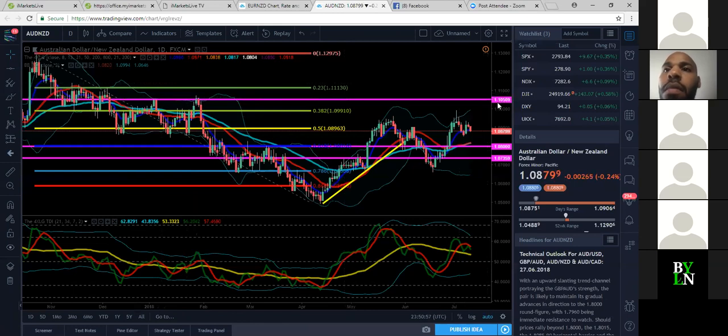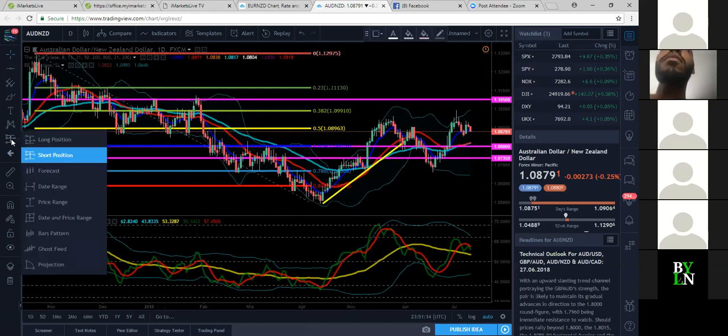My entry price off of that zone is 1.10509. So 30 pips to the upside of that number is my stop loss. So I would come here and grab the position tool, and I'm going for the short position tool.